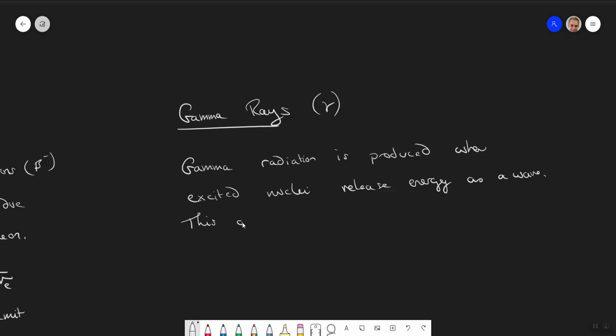This often happens following an alpha or beta decay. So it's not something that occurs on its own. It's something where this will occur afterwards. So the decay from an alpha or beta leaves the nucleus in an excited state, and then you get a gamma emission afterwards.